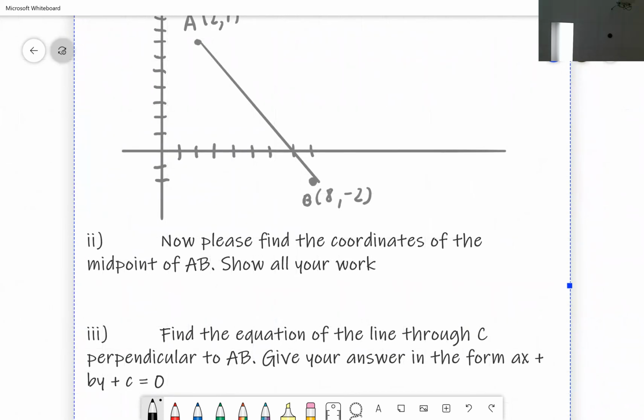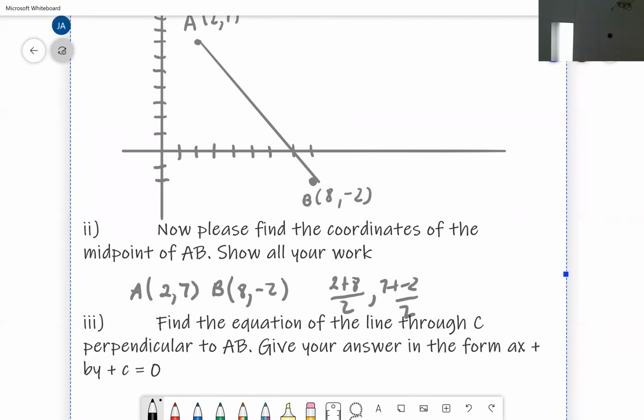Now it says, please find the coordinates of the midpoint of AB. And that was easy. A is 2, 7, and B is 8, -2. So we have 2 plus 8 divided by 2, and 7 plus -2 divided by 2. It's okay. You just moved it a little bit.